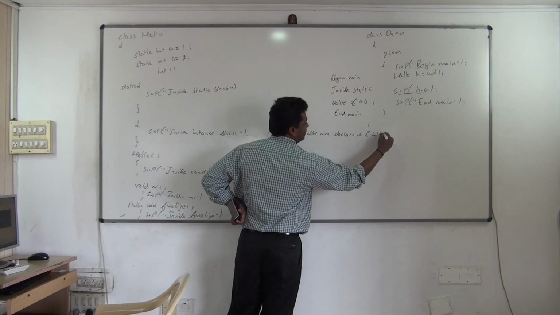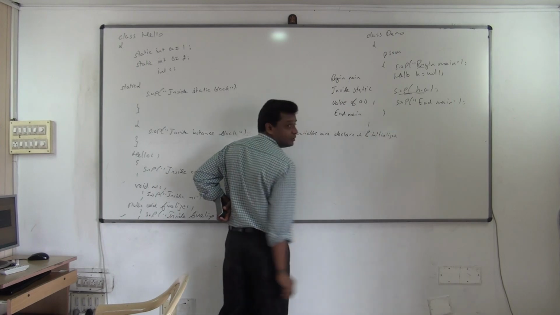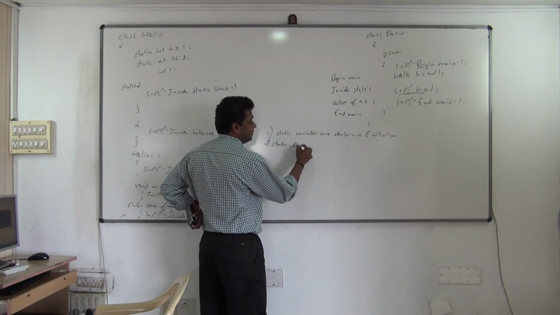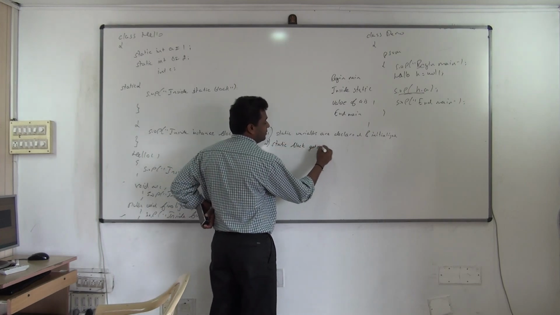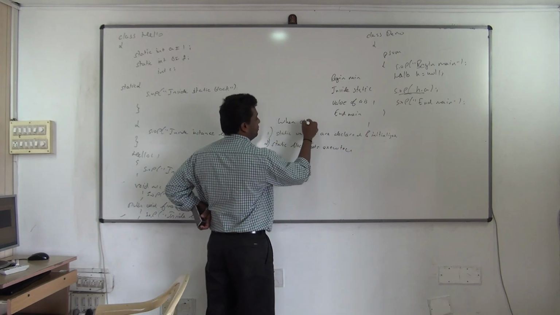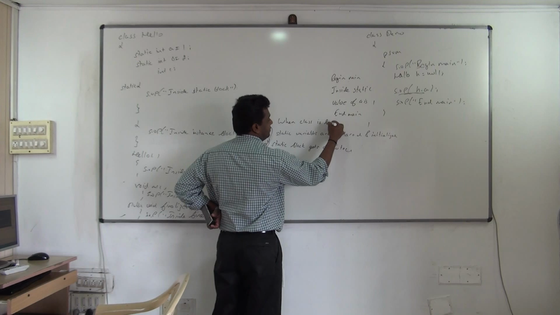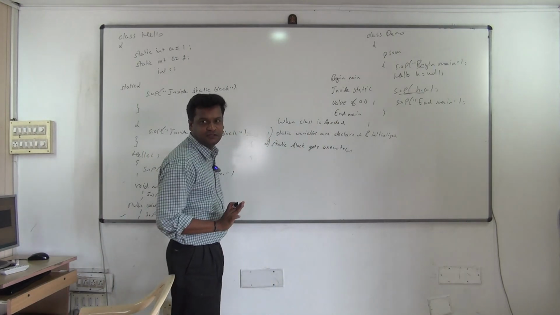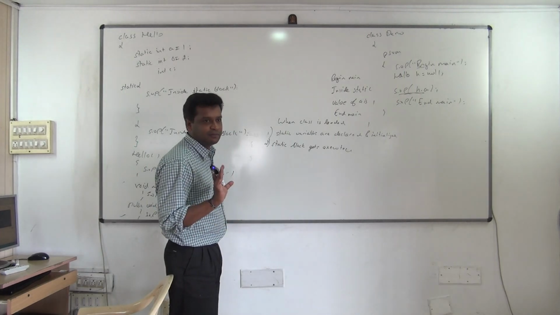First they'll come to life. Then next, static block gets executed immediately. So these are the two things which happen when a class is loaded. But still more points are there, I'll be telling you later. Initially you understand this much. Only two things will happen.